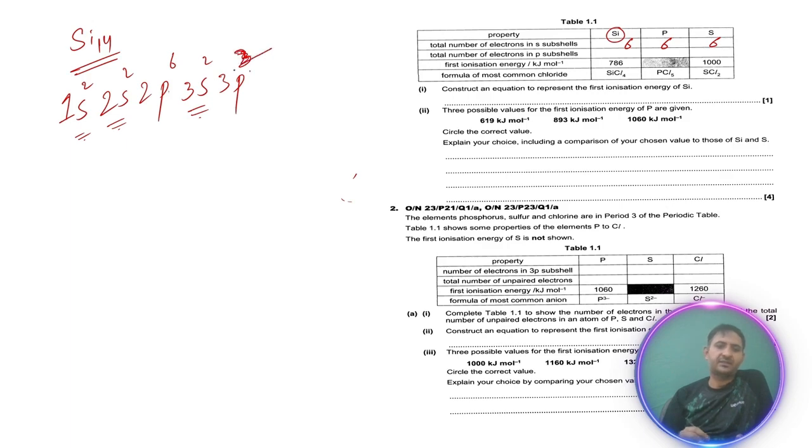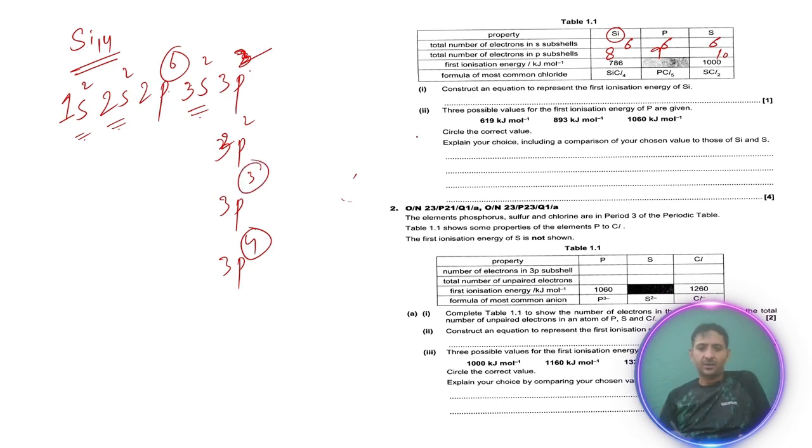There are 2 plus 6 plus 3, giving 9. Silicon has 3p2, phosphorus 3p3, and sulfur 3p4. We already have 6 electrons in 2p, so 6 plus 4 is 10 for sulfur, and 6 plus 3 is 9 for phosphorus.